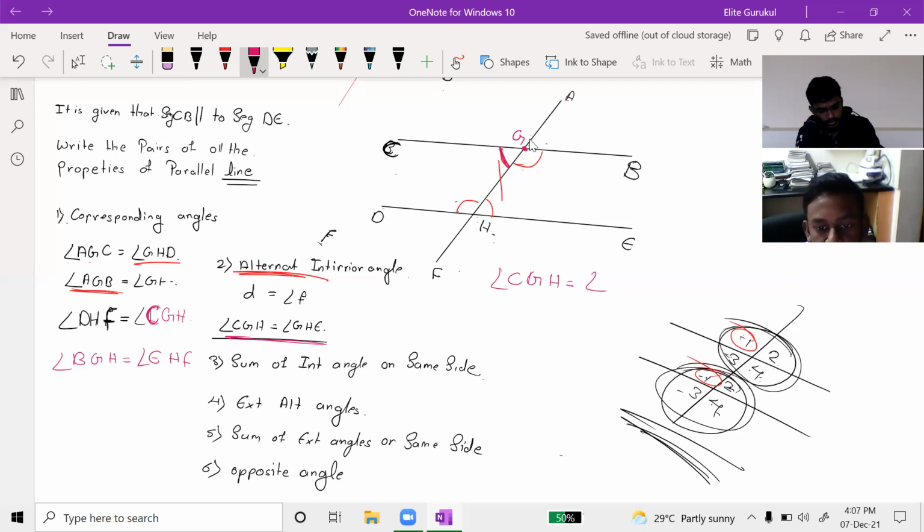Angle EHG. See, this angle and this angle, right? Yes, sir. CGH will be equal to this angle, sir. Tell me the name. EHG.